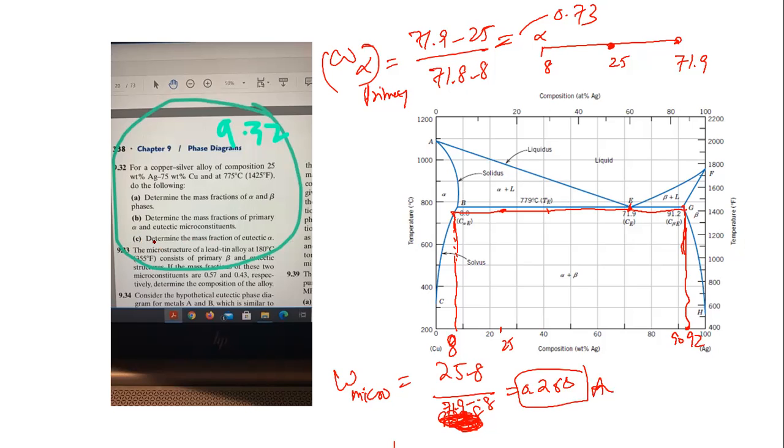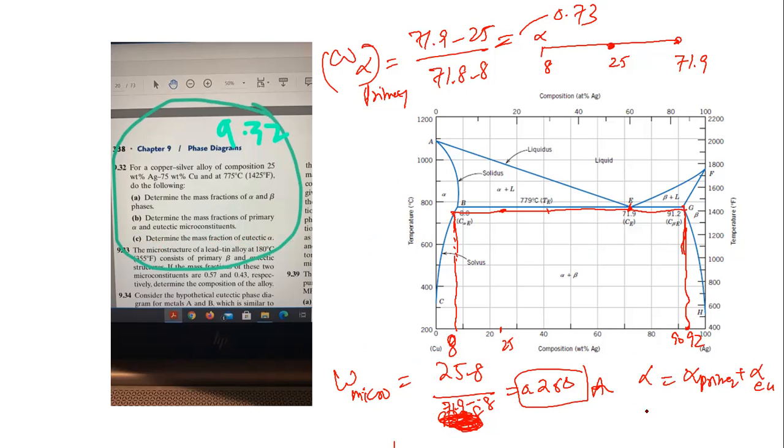For the last part, it says determine the mass fraction of the eutectic alpha. How much is the eutectic alpha? You know the primary alpha and the total alpha. So alpha is equal to alpha primary plus alpha eutectic.